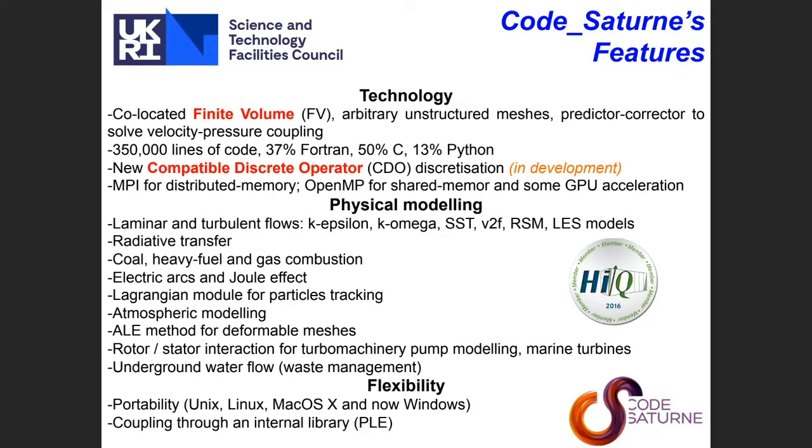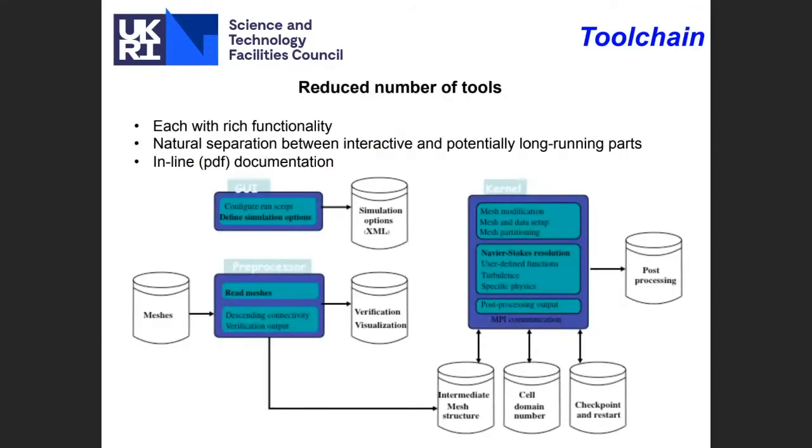So the code is very flexible and portable on Unix, Linux, and Macs, and also now on Windows. One of the important features of the code is that it supports internal coupling through a library called PLE. This internal coupling was used in yesterday's tutorial to couple the fluid and the solid part and to handle conjugate heat transfer.